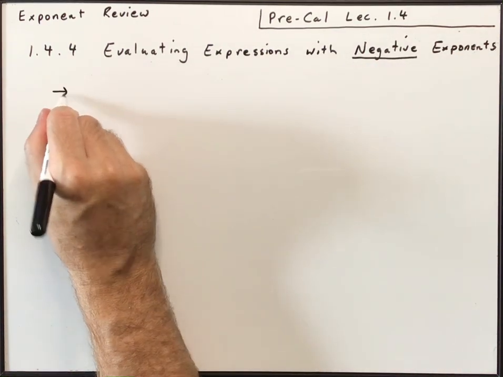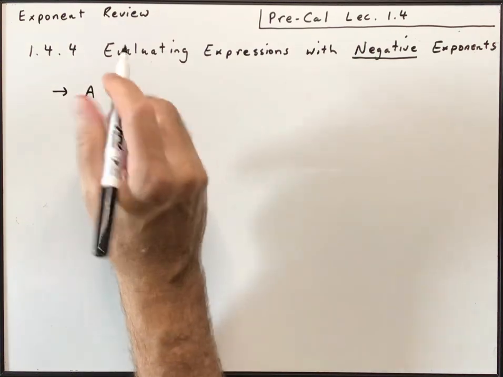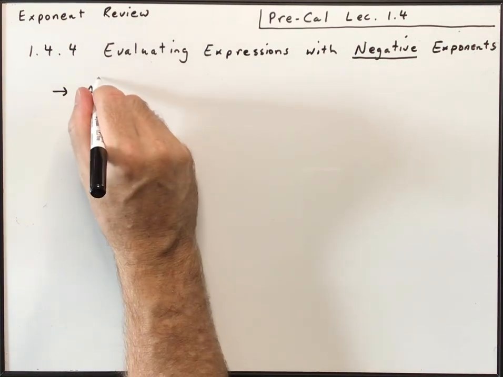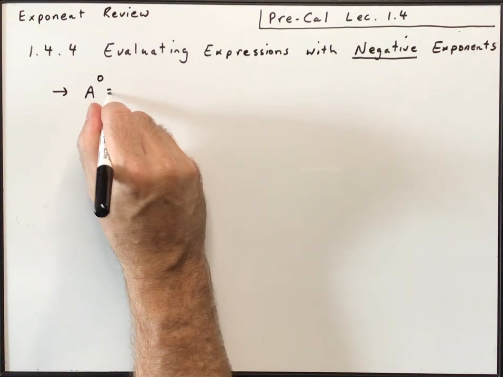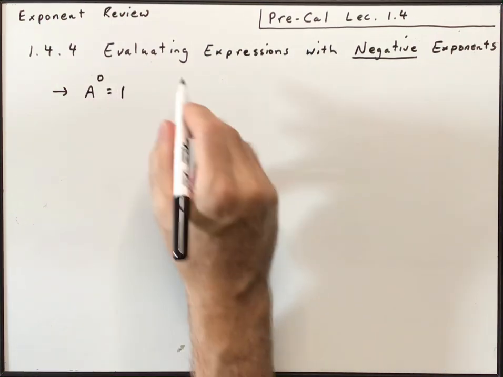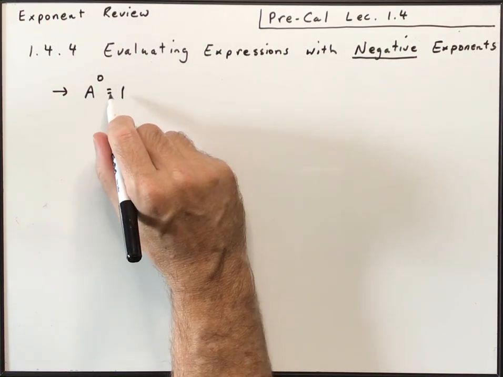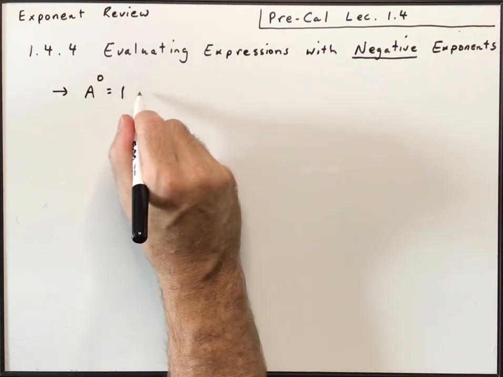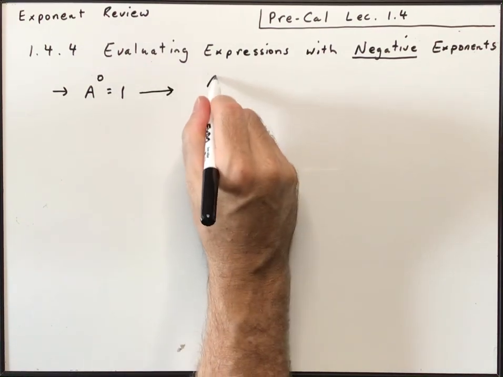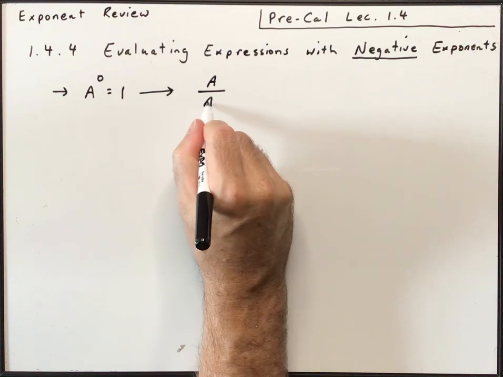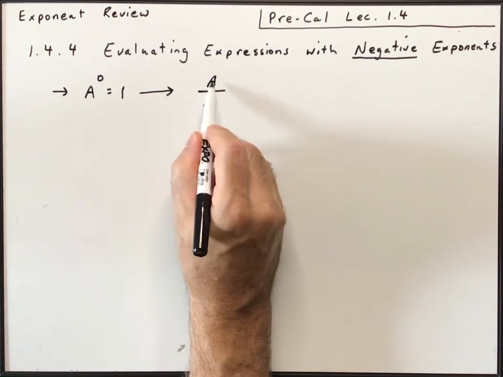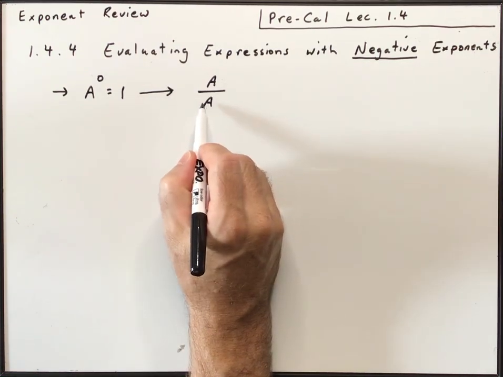Okay, you've probably heard in the past in prior math classes that anything to the 0 power is equal to 1. Well, why is that? Well, let's say we have 1 in terms of a would just be a over a, right? 1 is equal to a over a. It's the same thing.